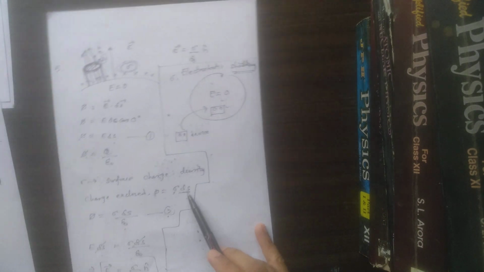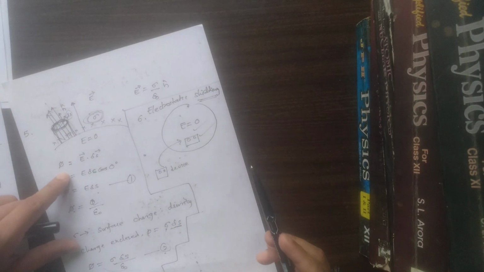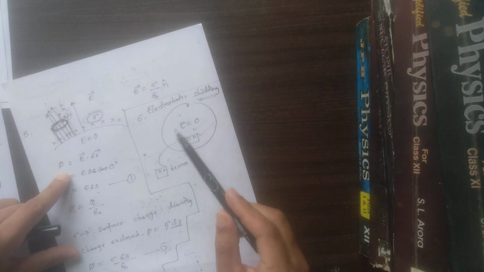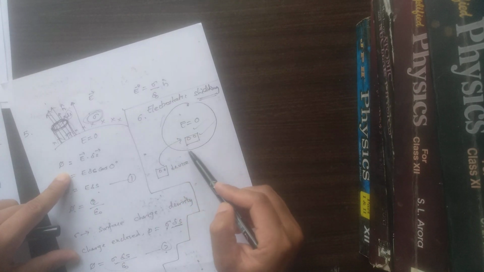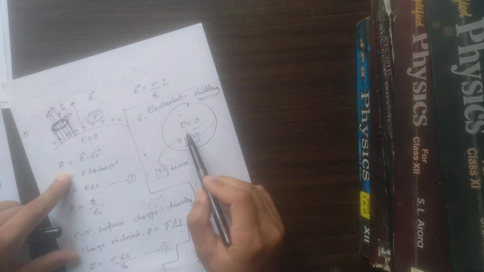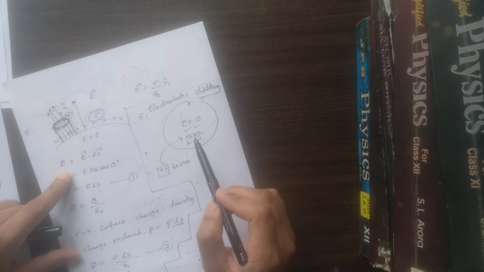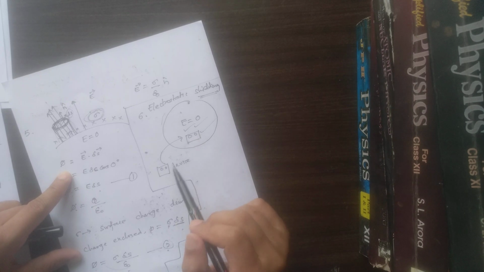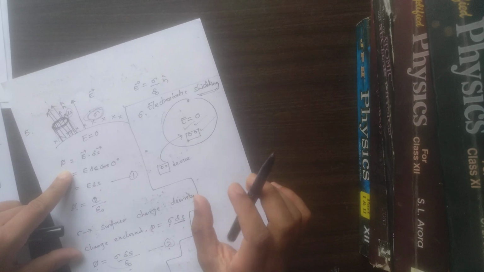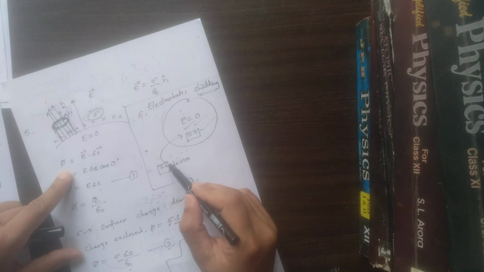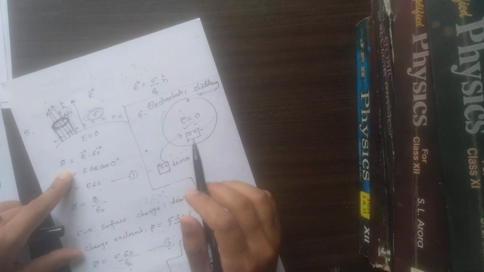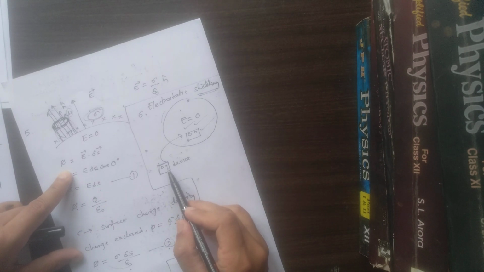Electrostatic shielding is very simple. If I have a conductor, we know that inside the conductor the electric field is 0. Now if you have some electronic devices which you want to keep safe, or protect from the electric field, what will you do?